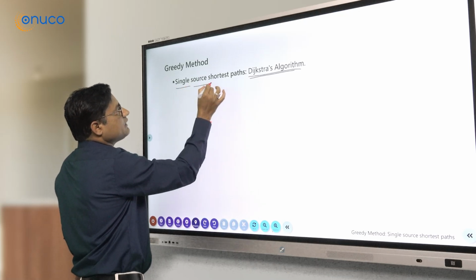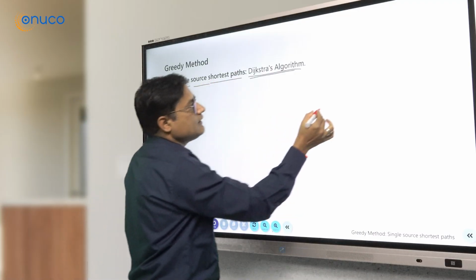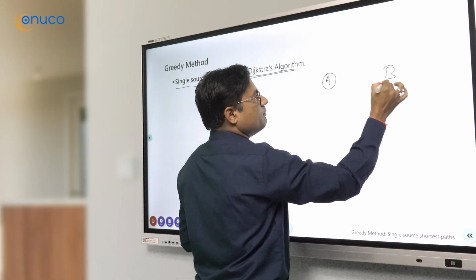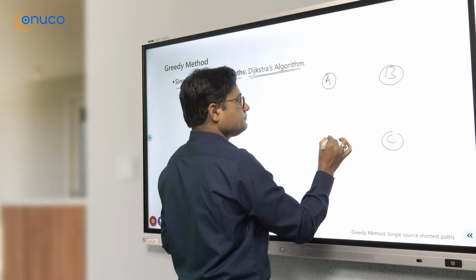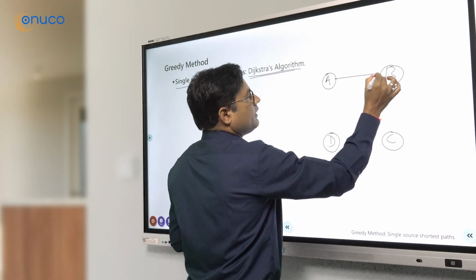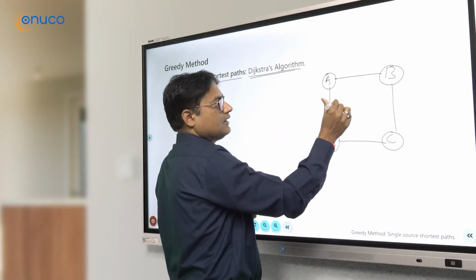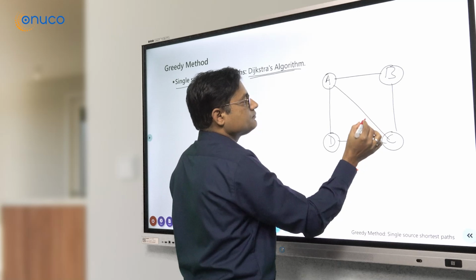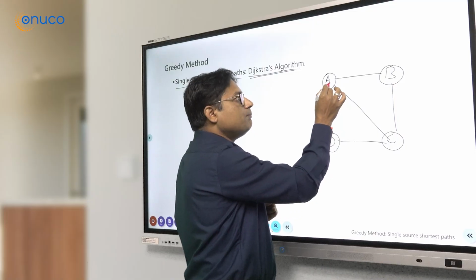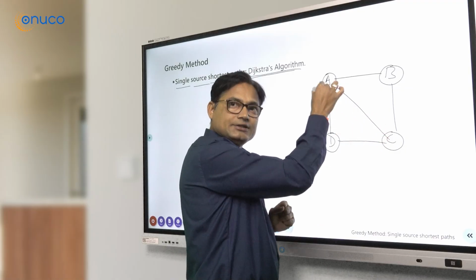Now, in this single source shortest path, say we have city A, B, C, and D. These are all edges. In real life, these are distances, paths. All paths from city A to city C we mention through edges.